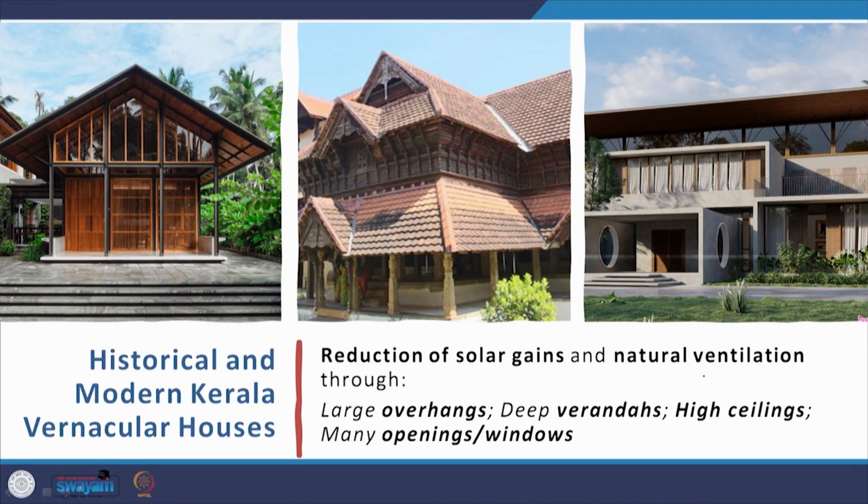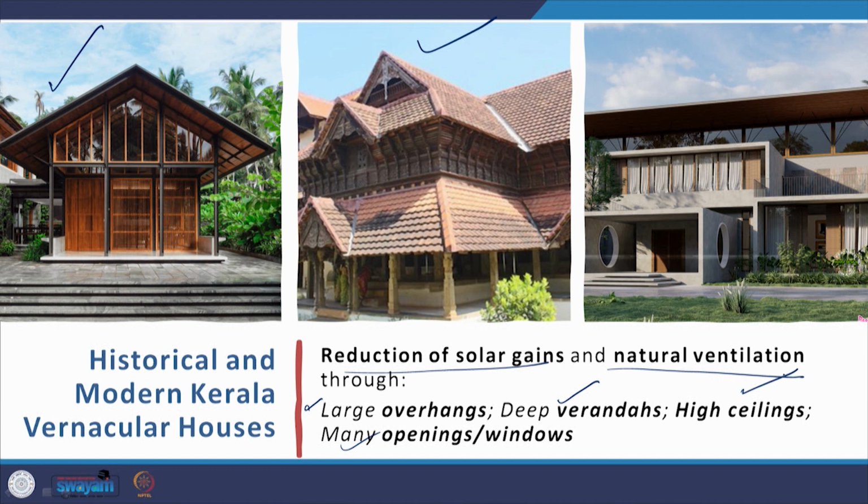So when you compare the historical and modern Kerala vernacular houses, this is a historical one and this is a modern one. You look at some simple principles of large overhangs, deep verandas, high ceilings and many openings and windows in order to reduce solar gains and promote natural ventilation throughout the building.